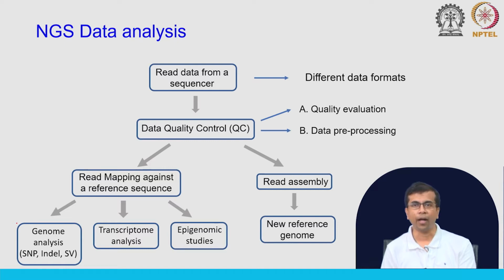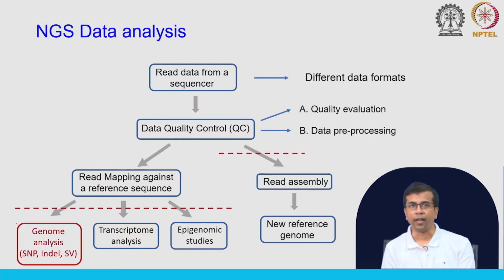So, once you have done this read mapping, there are three types of analysis that you can do after read mapping. One is genome analysis. So, this involves identification of single nucleotide polymorphism or SNP, indels, so insertions, deletions, especially small ones, and then we also have structural variants. So, we will talk about each of them one after another starting from today.